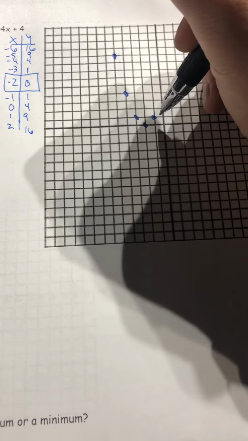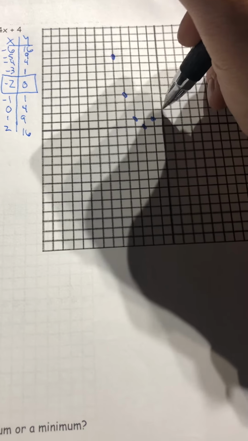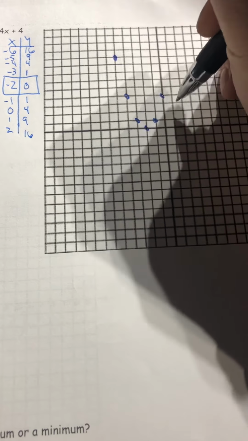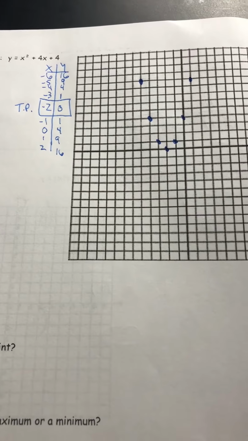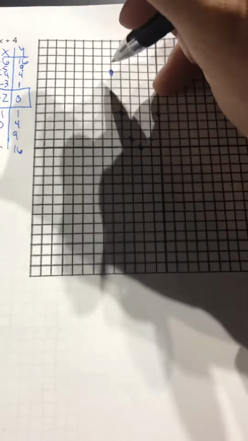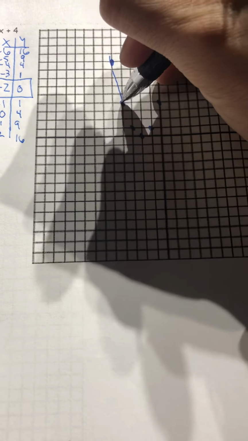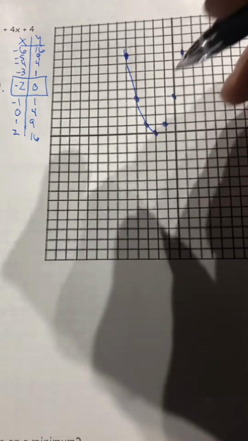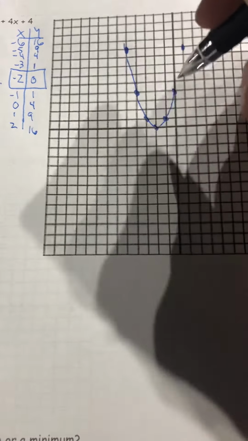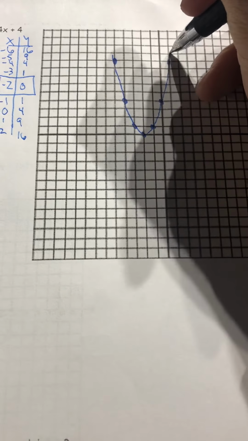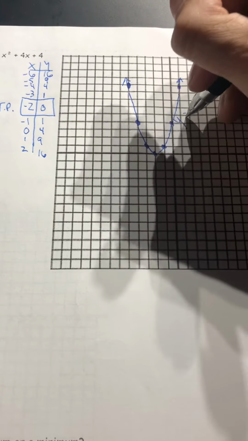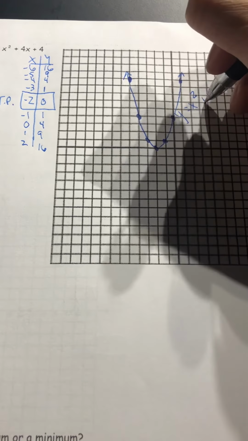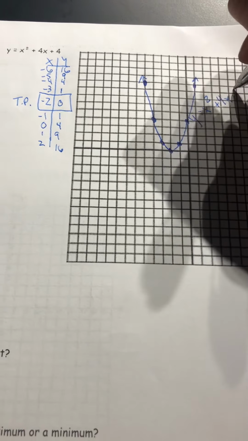Negative 1, 1. 0, 4. 1, 9. So we want to make this a U shape, not a V. A V would indicate absolute value. So do the best job you can to make a nice rounded U shape. And we want to label this: y is equal to x squared plus 4x plus 4.